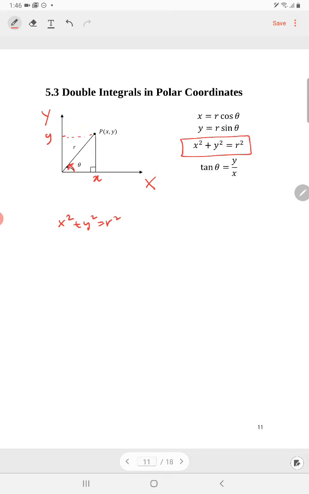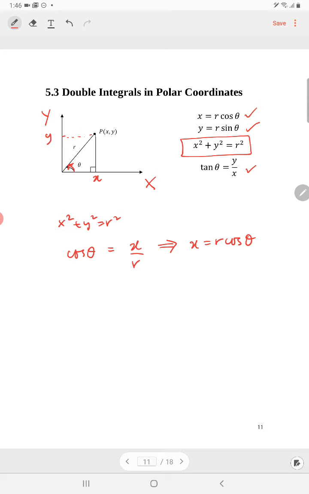So from this triangle, we can get that cos theta is equal to adjacent, which is x, over hypotenuse, which is r. So from here, we get x is r cos theta, which is the first relationship there. And using the same technique for sine, we get this. And here we have tangent theta is opposite over adjacent, so we have that.